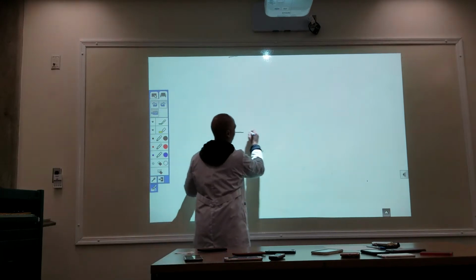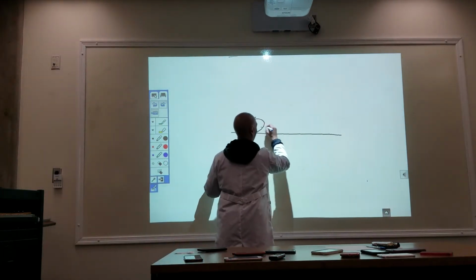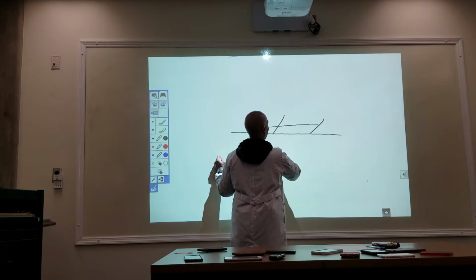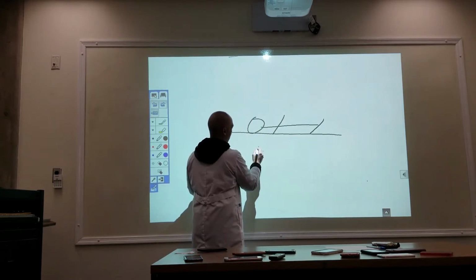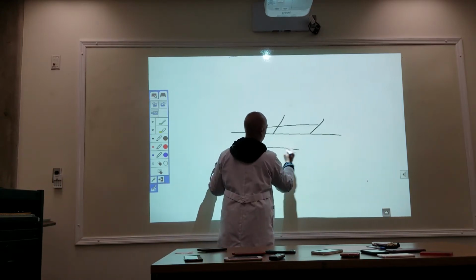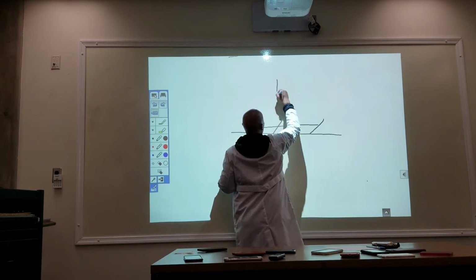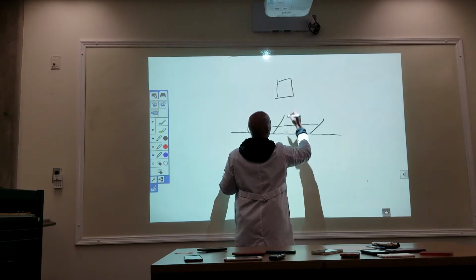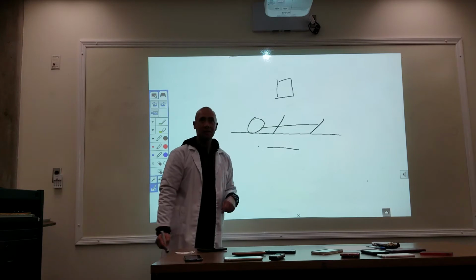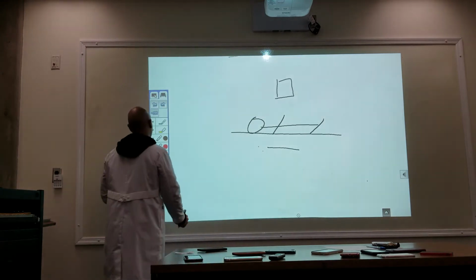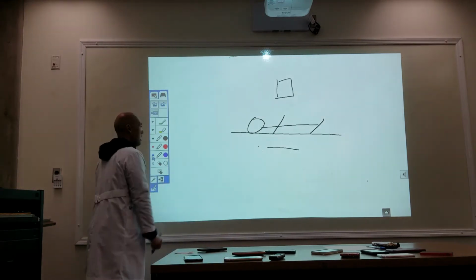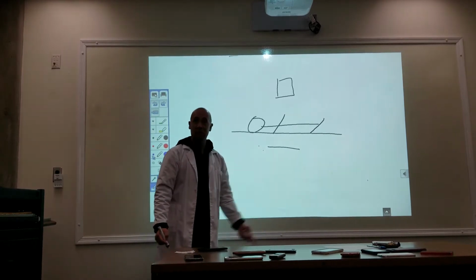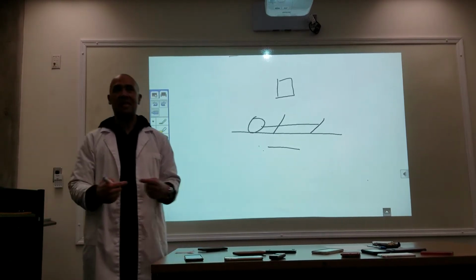Okay, here's the table. Here's your patient. Here is your image receptor. And let's just say here's your X-ray tube. You guys follow so far? The X-ray tube and the Bucky tray, where the image receptor is, are physically connected together.